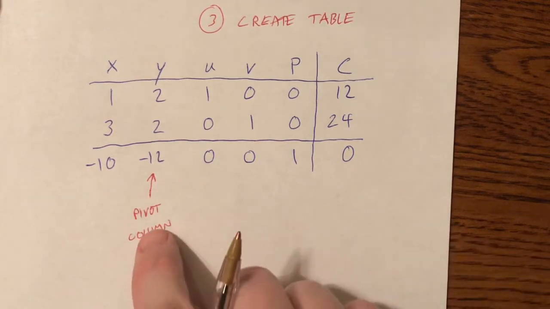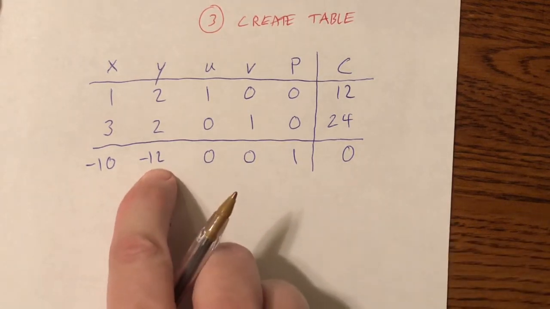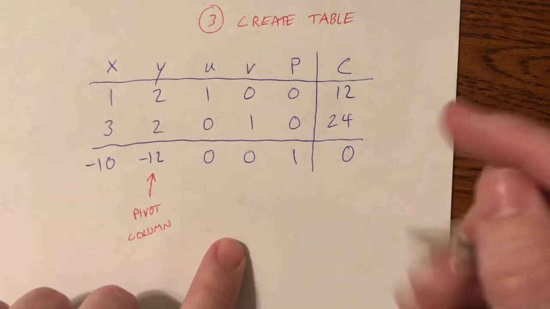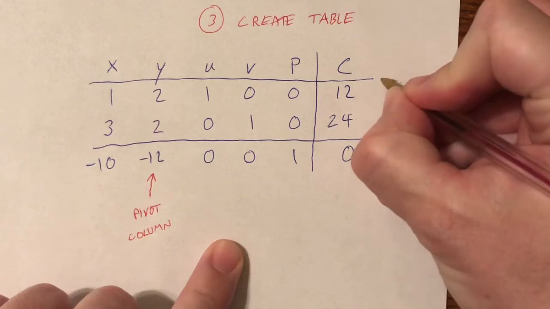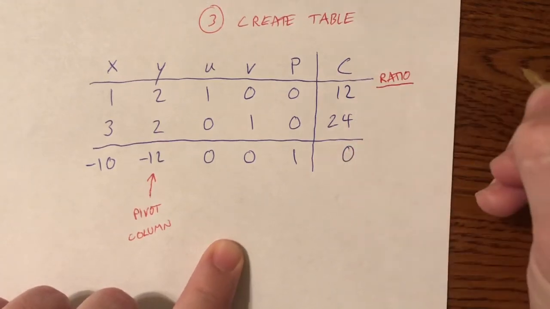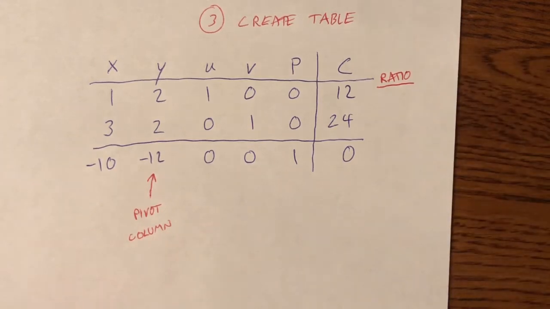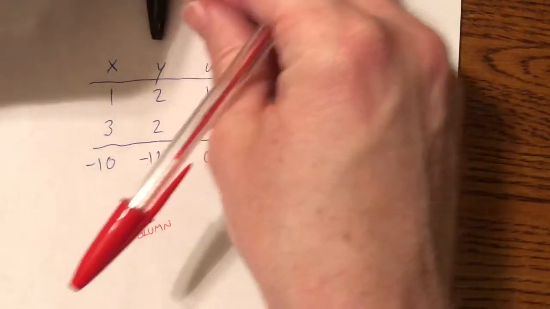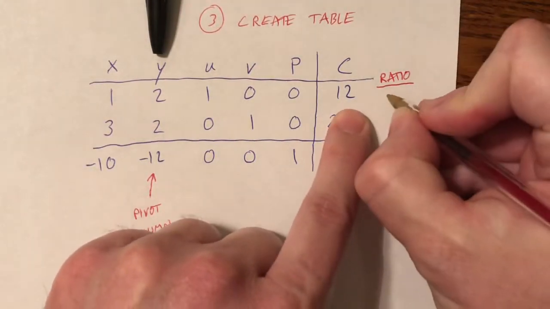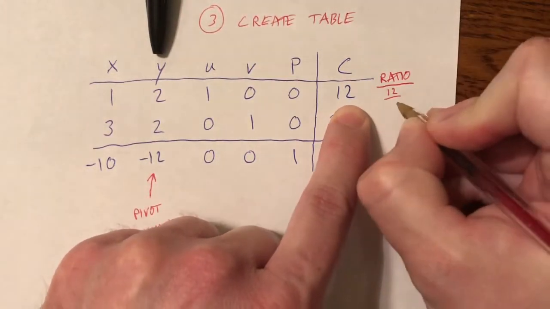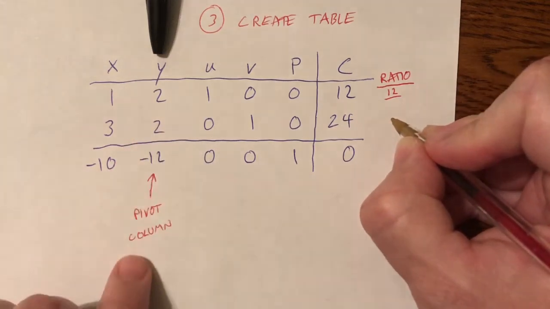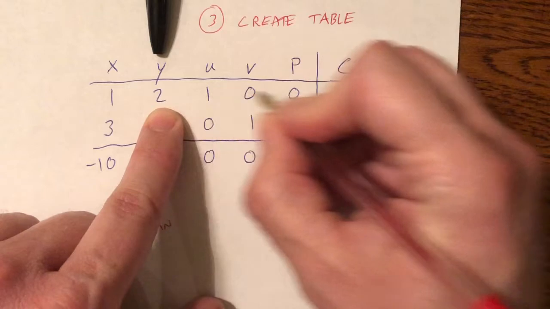All right, after you've determined your pivot column, most negative, you now need to determine your pivot row. So we're going to come over here to the right of our table and write the word ratio, put a line underneath it. We're going to look at the ratio of the constant, which is 12, with respect to the value in the pivot column in the same row.